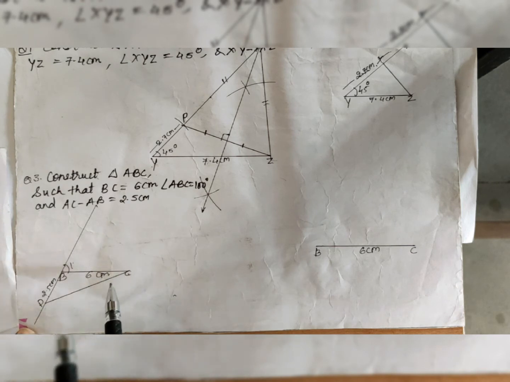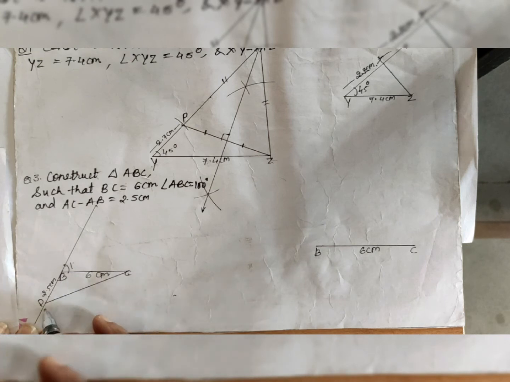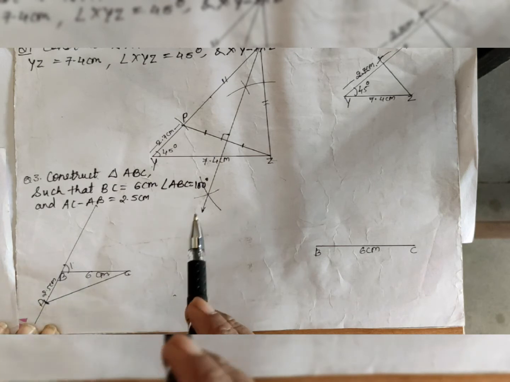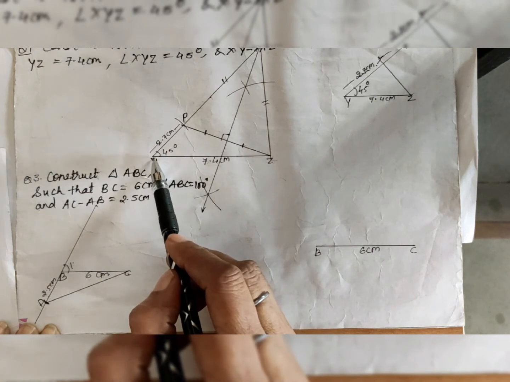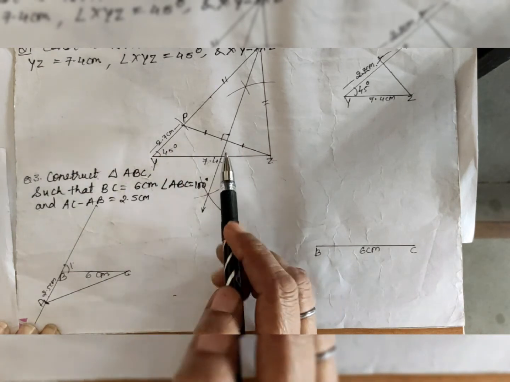Segment BC is your base. Now the question arising in your mind is why we have taken this segment here. Till now we were drawing the arc on the upper side of this segment YZ.